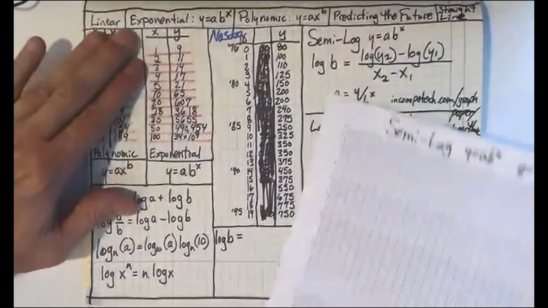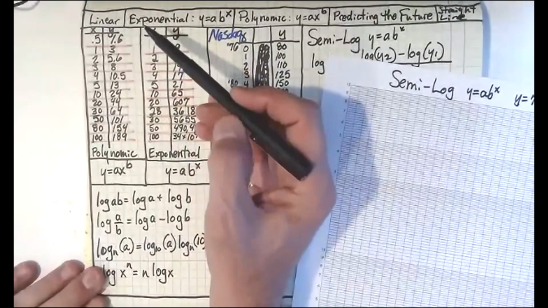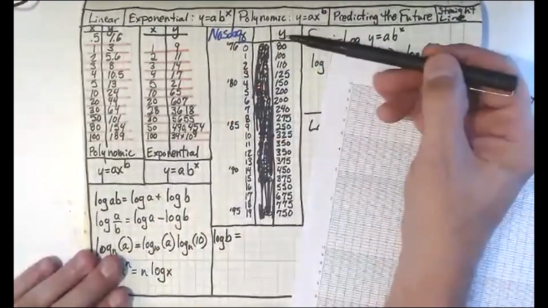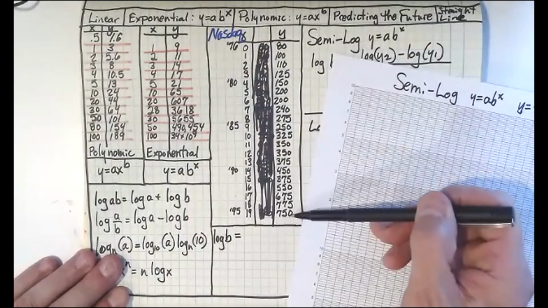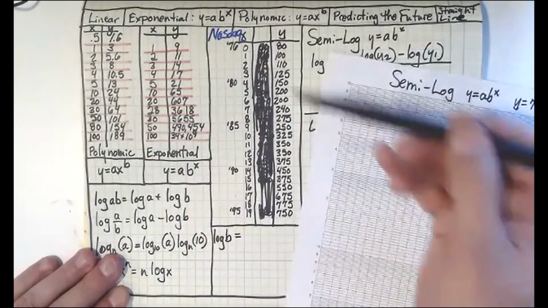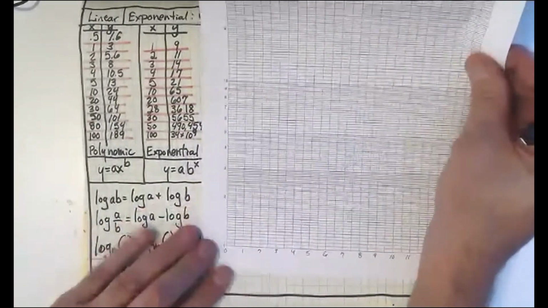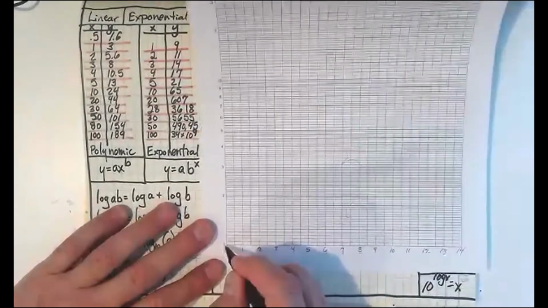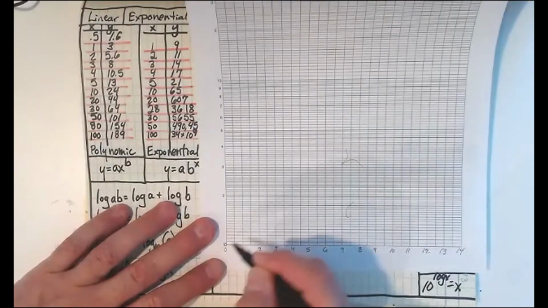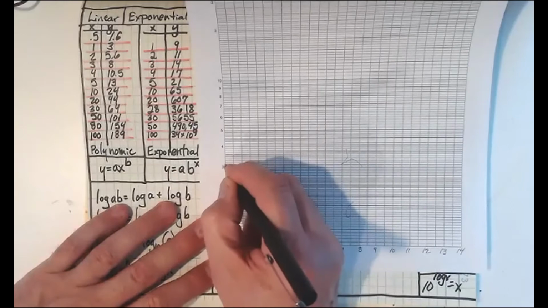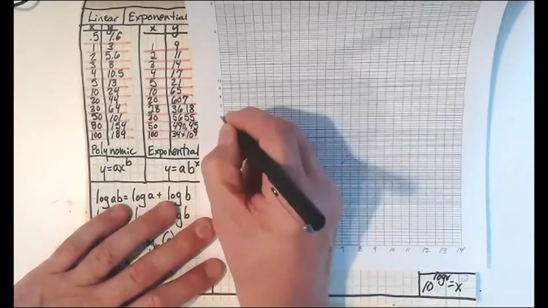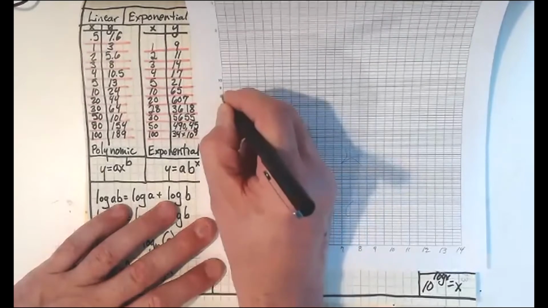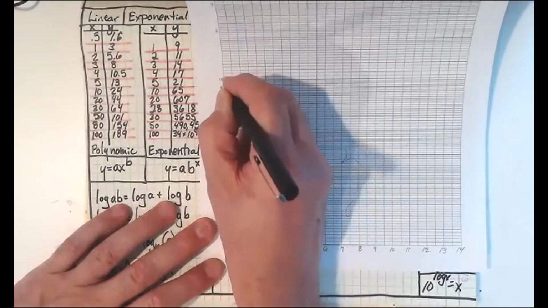Well, let's look at our range. Now, I'm going from 80 all the way up to 750. So that means that the first decade on here is going to be from 10, 20, 30, 40, 50, 60, 70, 80, 90, 100, right?